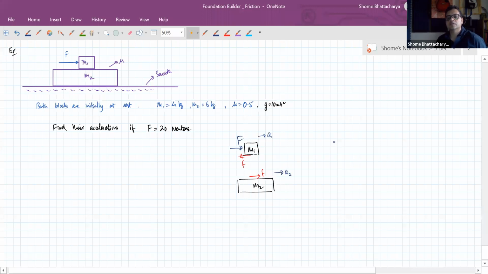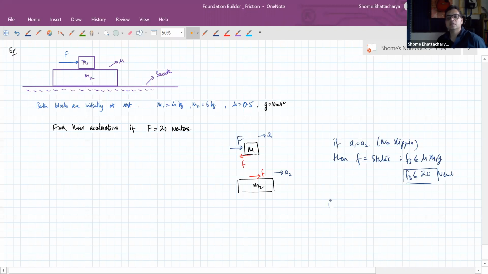Okay. So you can see that if A1 is equal to A2, that is no slipping, then the friction should be static friction. So it should be less than or equal to mu m1g, or static friction should be less than or equal to 0.5 into 40, so 20 newtons.